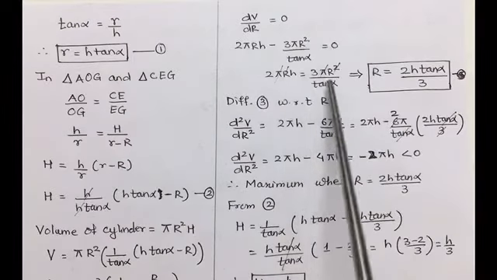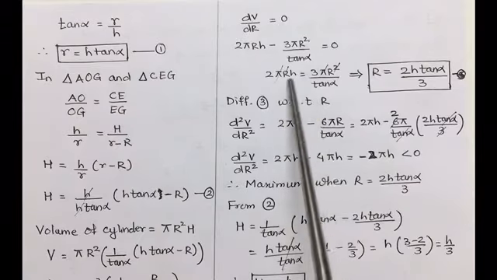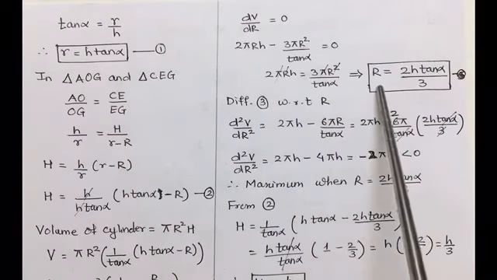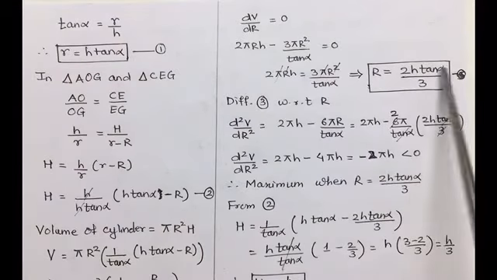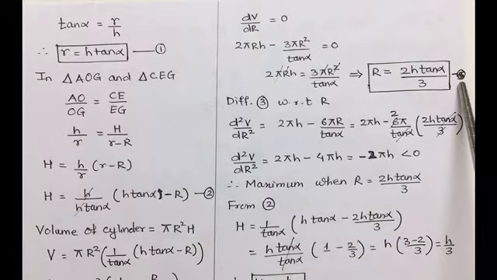Then going for the cross multiplication with all the remaining terms, we get capital R as 2h tan alpha by 3, marking this statement as 5.